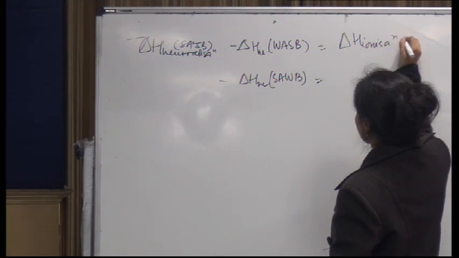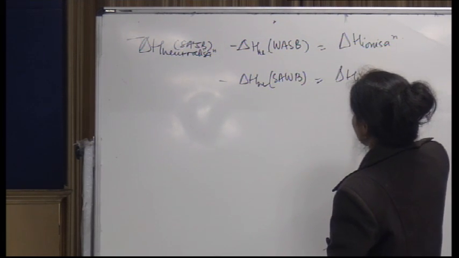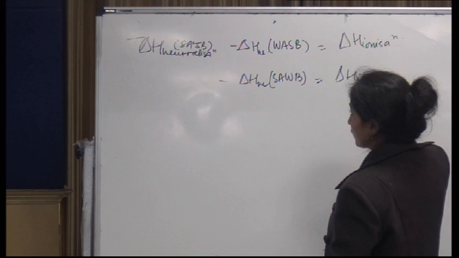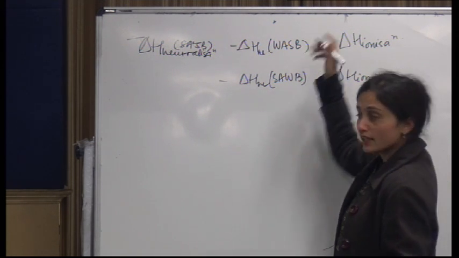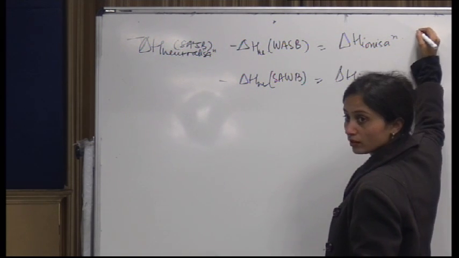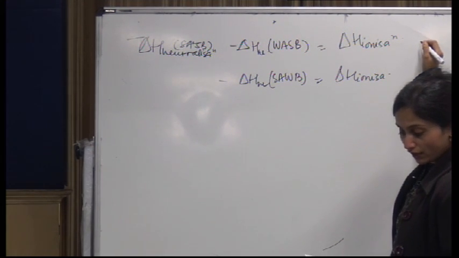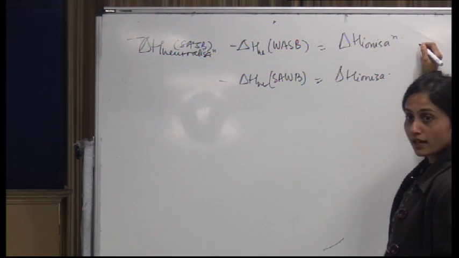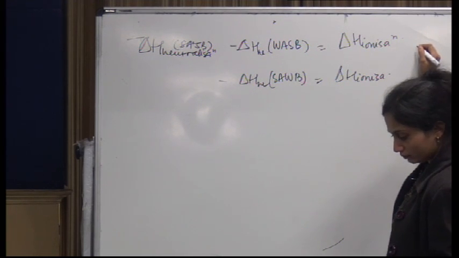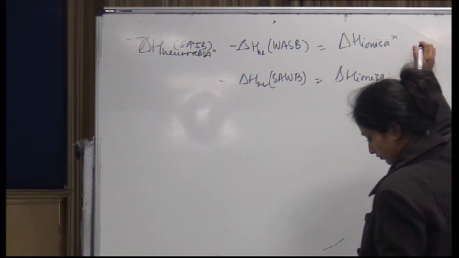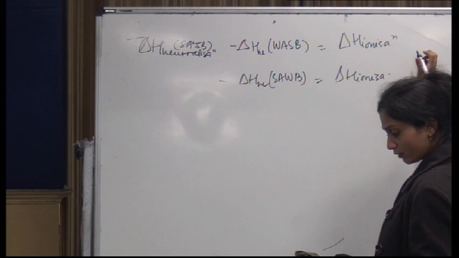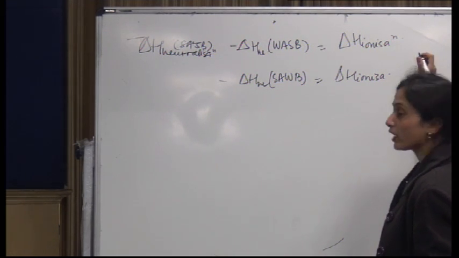It will give you the ionization enthalpy, right? So what will it be for the case of acetic acid? It will be calculated 57.3 minus 55.2, that will be 2.1.